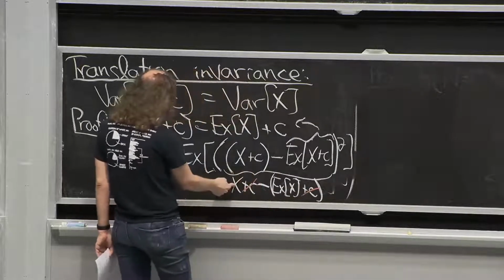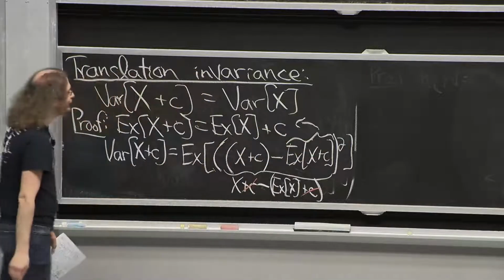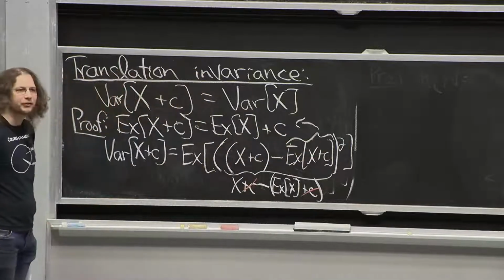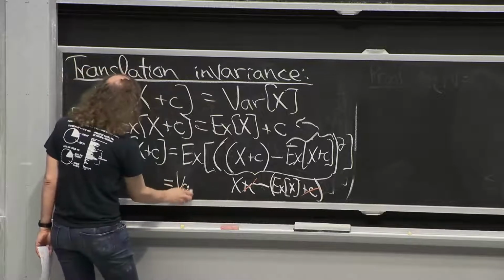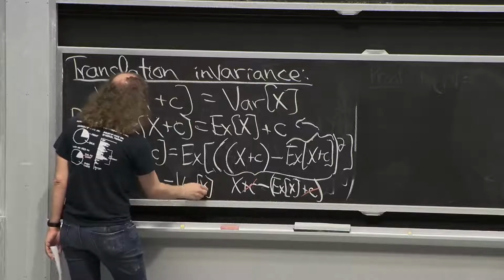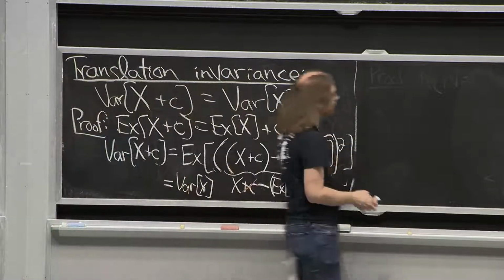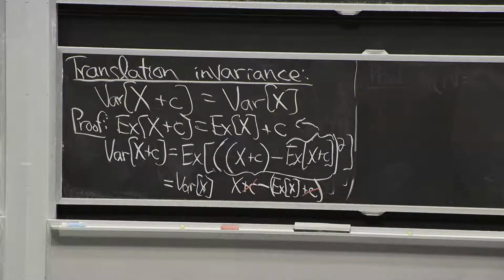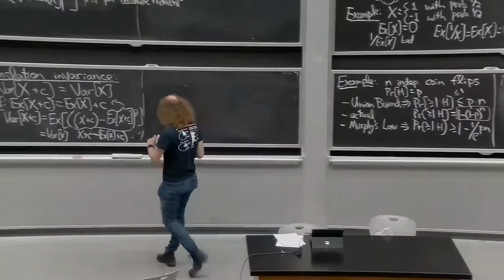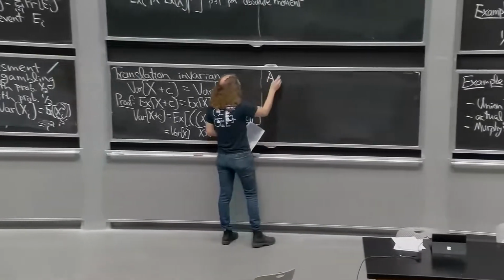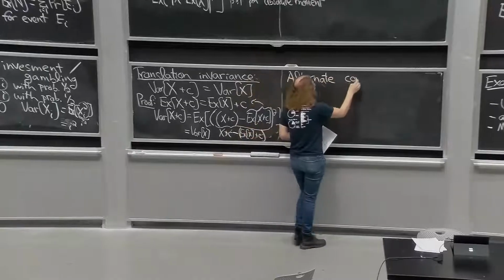So we end up with the expectation of x minus the expectation of x, squared. And that's exactly the definition of the variance of x. Okay, so that's kind of nice. Okay, a couple more. Here is another way to compute variance.